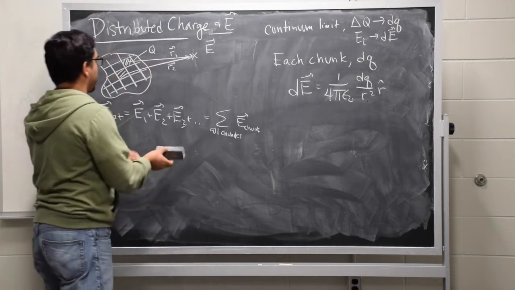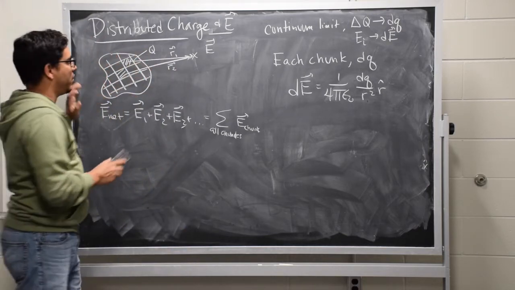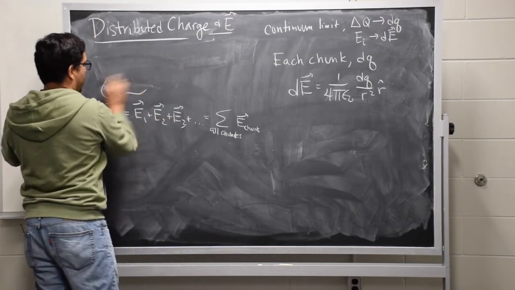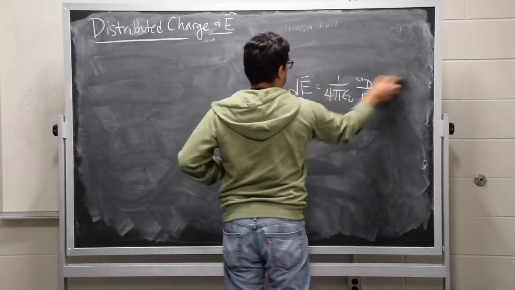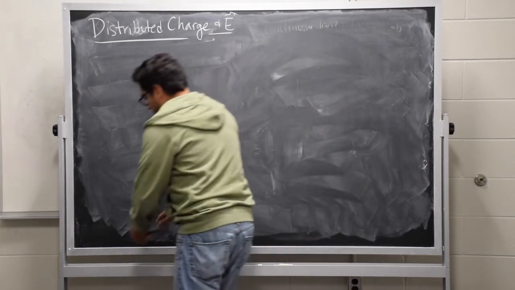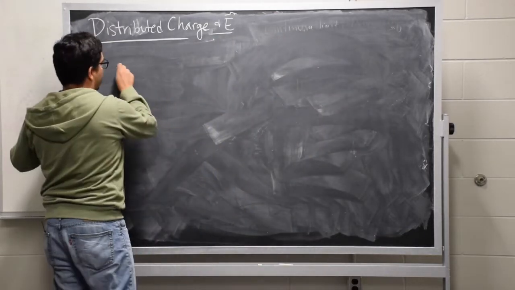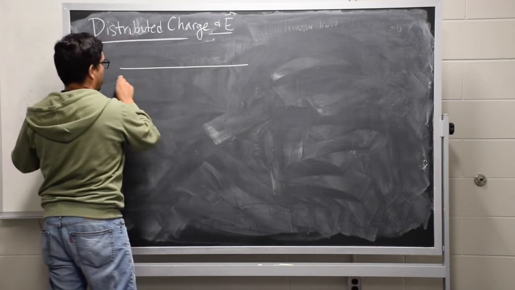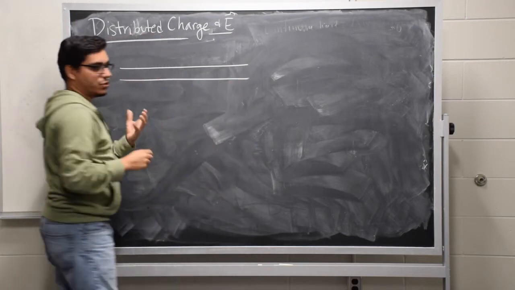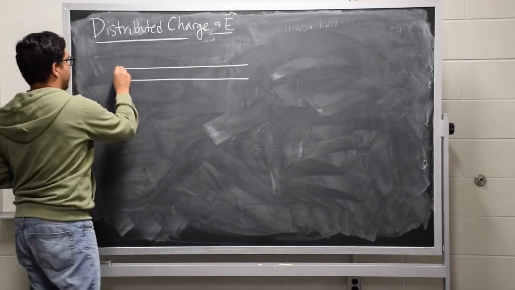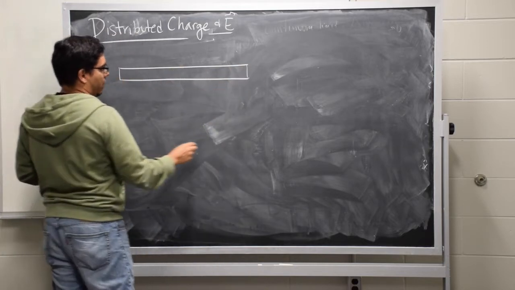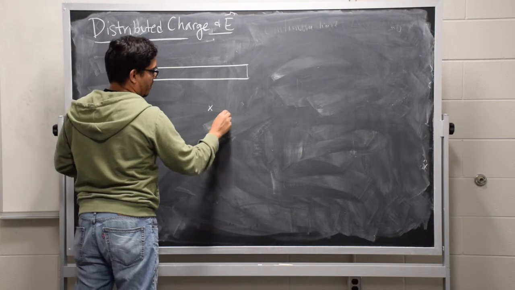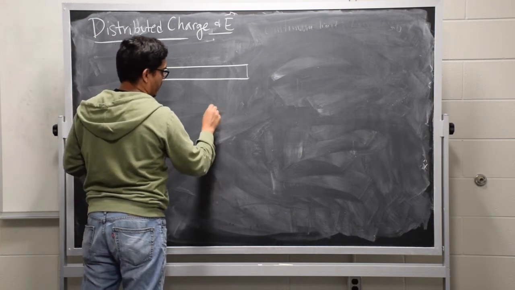Let's make this a little more concrete, because this is kind of abstract and it's hard to think about how this would actually work. So I'm going to erase this, and instead talk about what happens in one dimension. Let's consider a really long line of charge. This line is much longer than I'm demonstrating here. What we want to do is find the electric field at some location, let's say here.